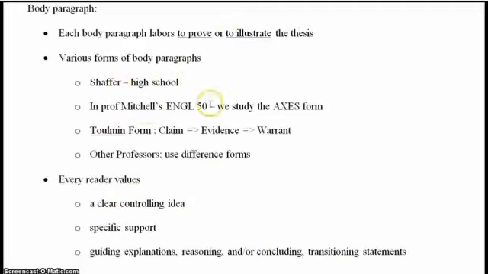And you'll notice if we look back at these structures here, you'll find these 3 basic things. Okay, a controlling idea is very similar to an assertion, support is very similar to examples, and these guiding explanations are the kind of glue that explanations and significance would give your ideas.